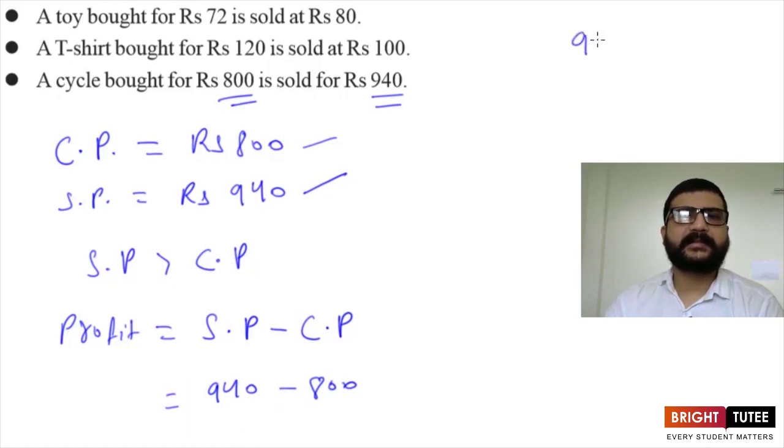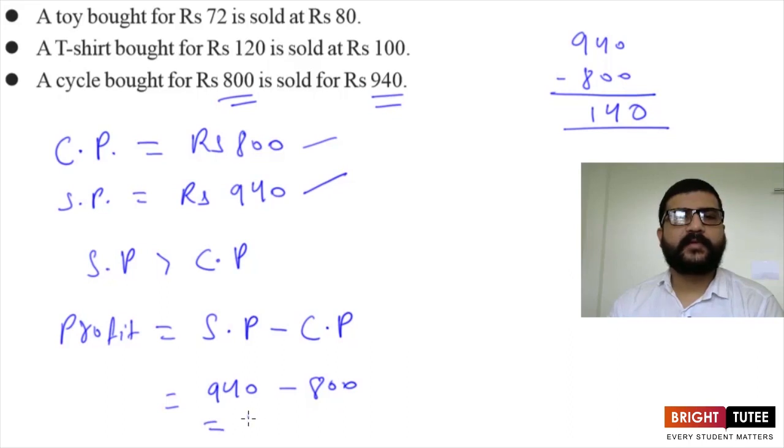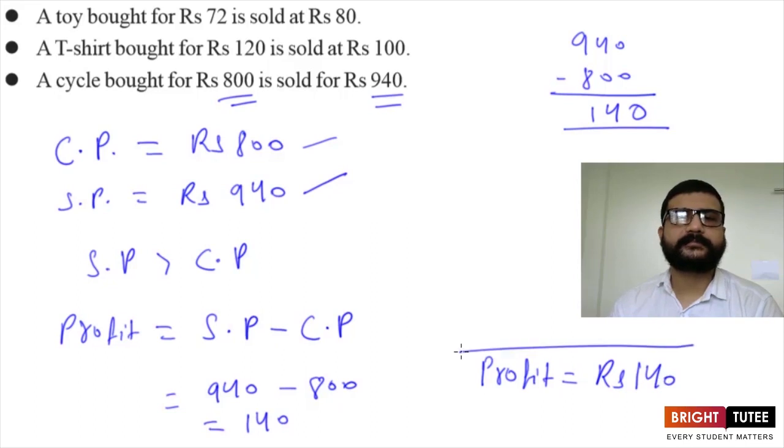We can subtract like this. 940 minus 800. 0 minus 0 will be 0. 4 minus 0, it is 4. Now 9 minus 8 gives us 1. So it is 140. So therefore profit is of rupees 140, or we can say profit made here in this case is equal to rupees 140.